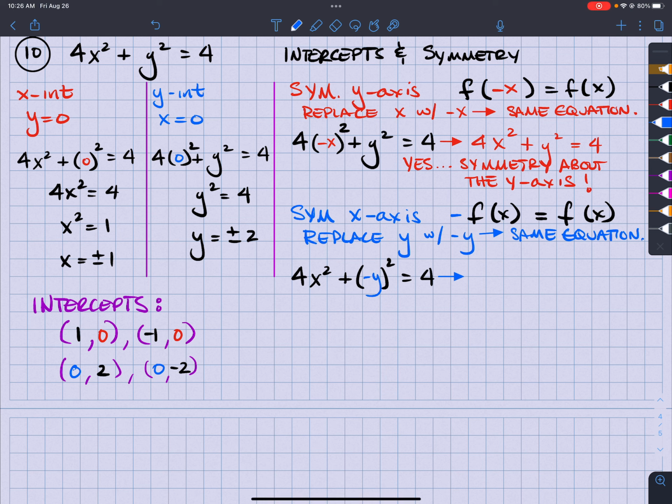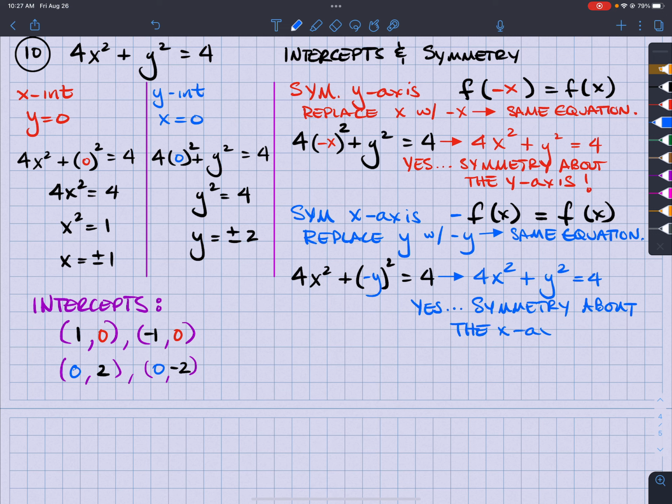I'm going to get 4x squared plus y squared is equal to 4, because negative y squared is y squared. So does this look like the original? The answer is yes. So again, yes, symmetry about the x-axis.